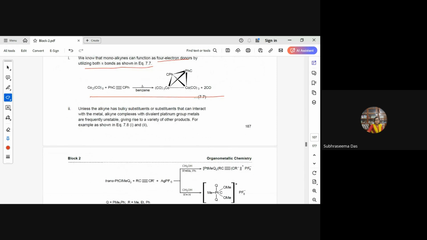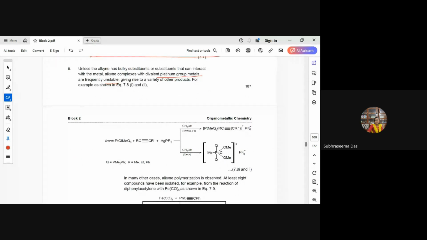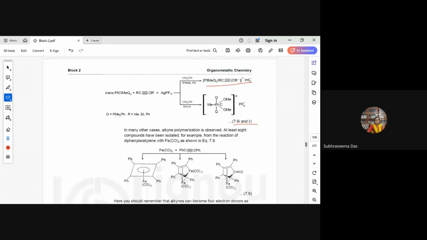Unless there are any bulky substituent groups or steric hindrance that interfere with the metal, alkyne complexes with divalent platinum group metals are mostly unstable in nature and give rise to a variety of other products. Like here, in equation 7.8i, we can see how these complexes are unstable and ultimately decompose to form a variety of products.